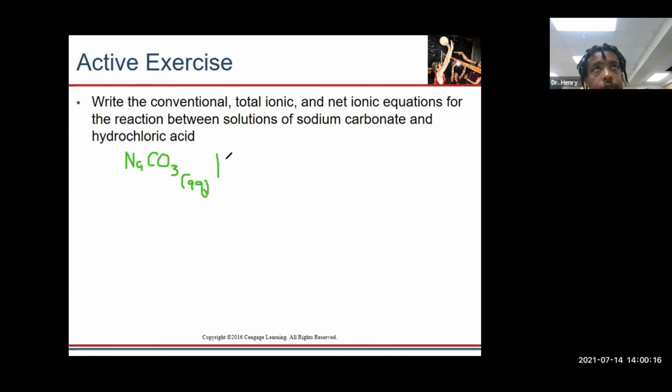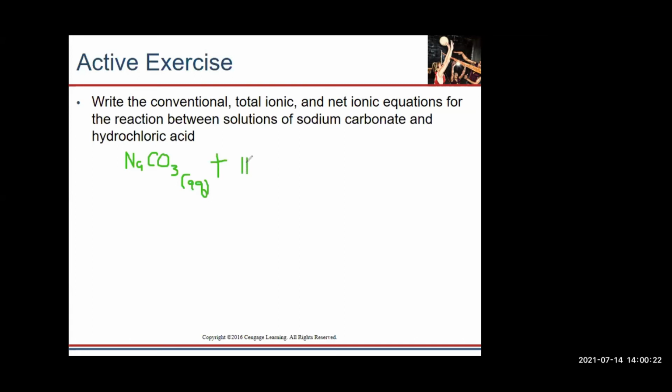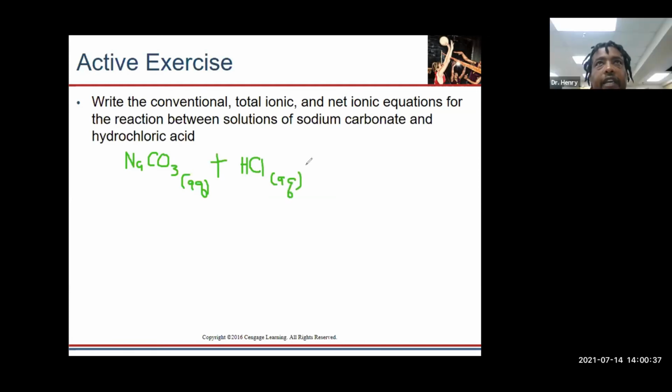And that's going to be reacting with hydrochloric acid. Chemical formula for hydrochloric acid again? HCl. Okay.